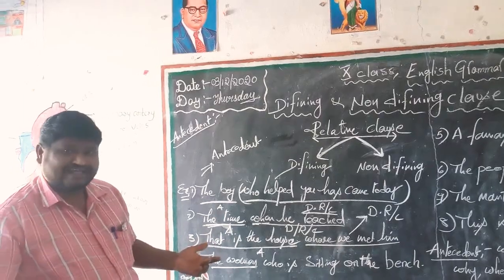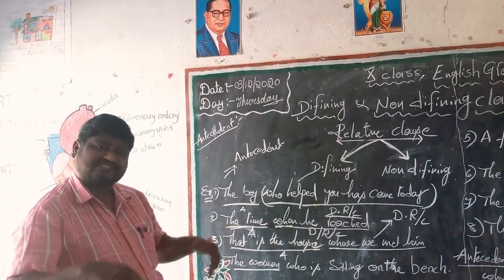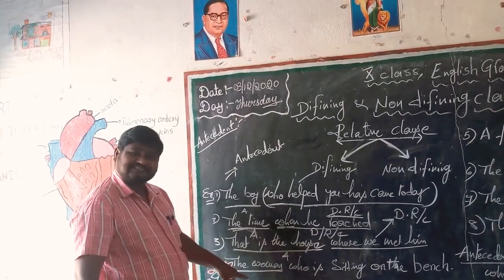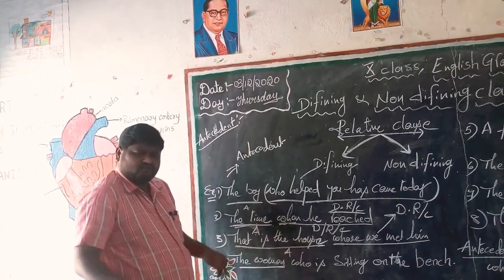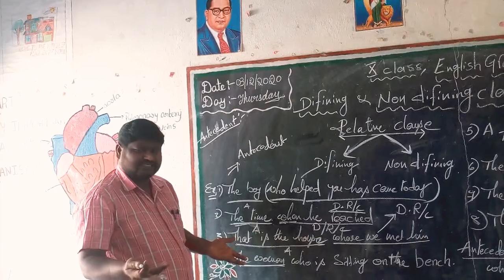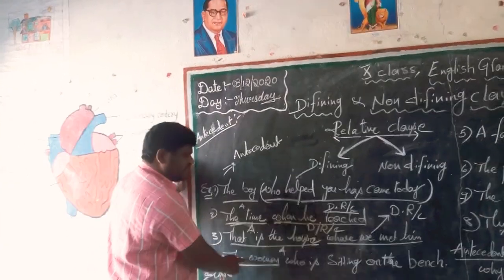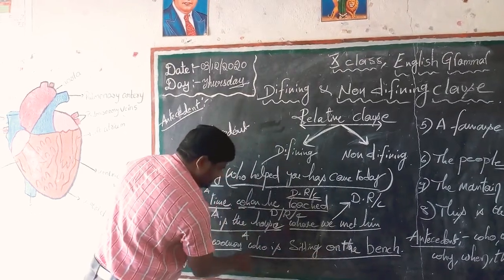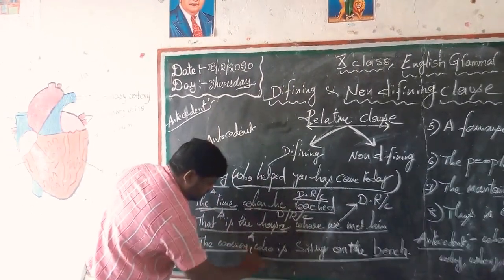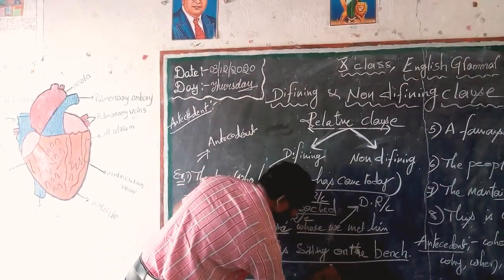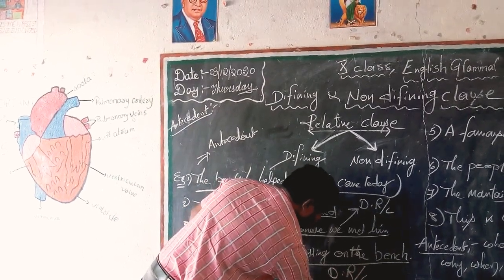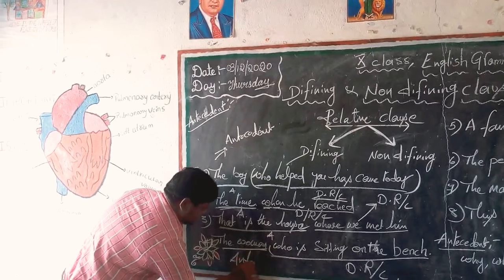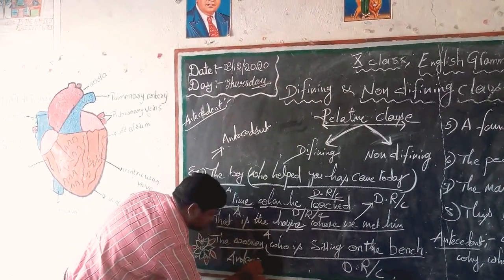We do not know exactly. It does not tell us the particular woman, and we don't know the particular name. The woman who is sitting on the bench. Because of the WH word, we call this the defining relative clause, and this the antecedent. Okay, my dear friends.